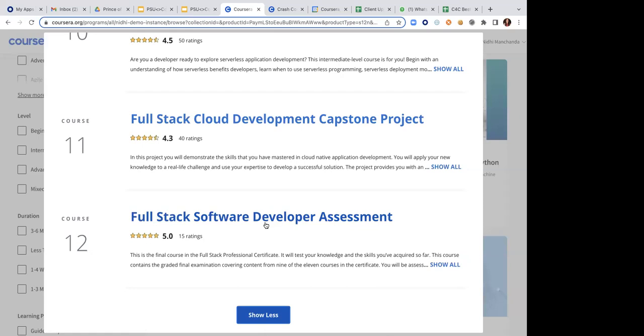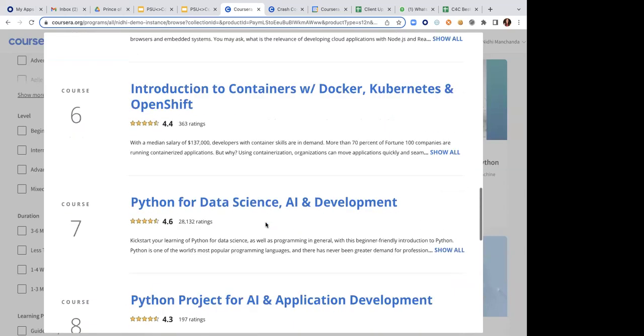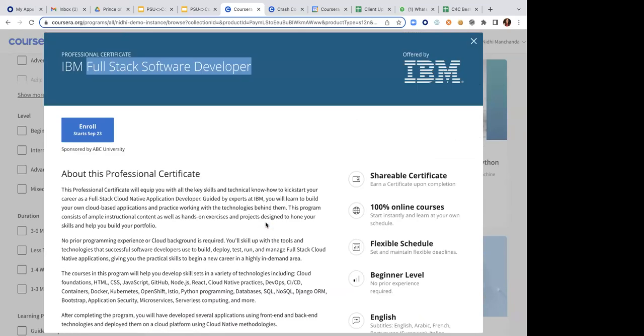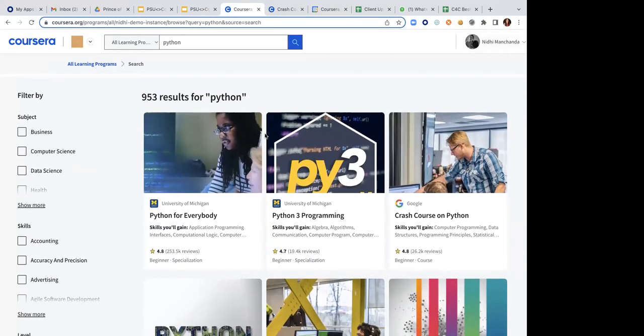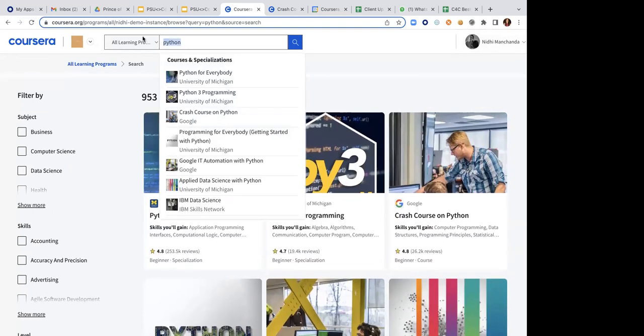But if you do all of these courses, you can very well say that I have all the skills that are required for a full stack developer. So the students can get ready for such jobs if that is their target, and these are the kind of jobs that they want to get into. So this is what we call a professional certification.